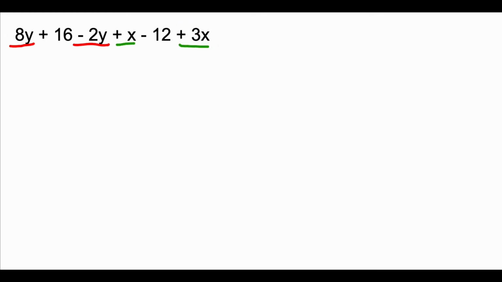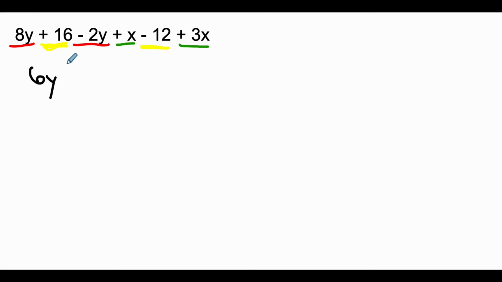Those will go together. And then another thing is if you have constants, a constant is a term that is a number by itself. Those are considered like terms as well. So we've got plus 16 and minus 12. So those are like terms. To simplify this expression by combining like terms, 8y minus 2y combines together to form 6y.